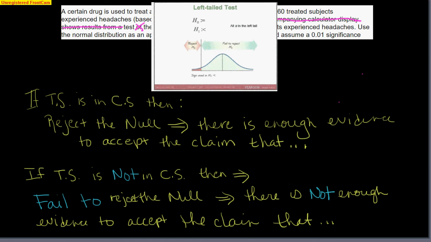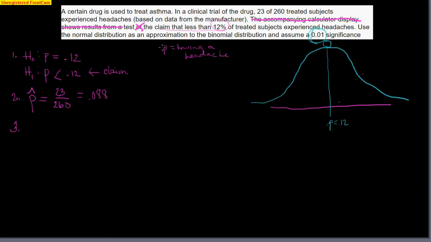So we have what's called a left-tailed test. So we are over here. Our 1% is in the left tail. I'm just going to go ahead and draw this line. And this is our critical value. And our critical value is just a z-score. Okay.